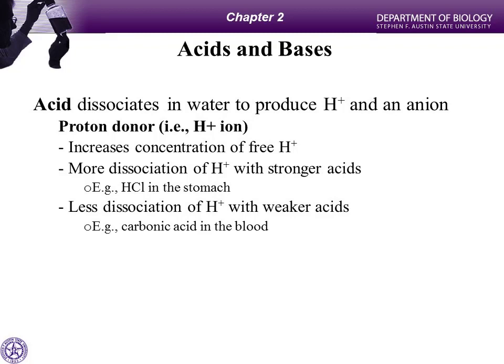The stronger the acid, the more hydrogens are going to be freed up by that substance. So strong acid, hydrochloric acid, that's pretty strong. Wouldn't you say hydrochloric acid is pretty tough? So it's going to give up a lot of hydrogens. But we also have acids in our body. Carbonic acid doesn't produce as many hydrogens, and that hydrogen doesn't dissociate nearly as quickly. And so it's a weaker acid.